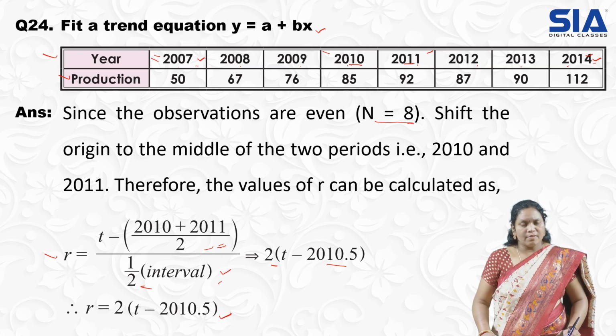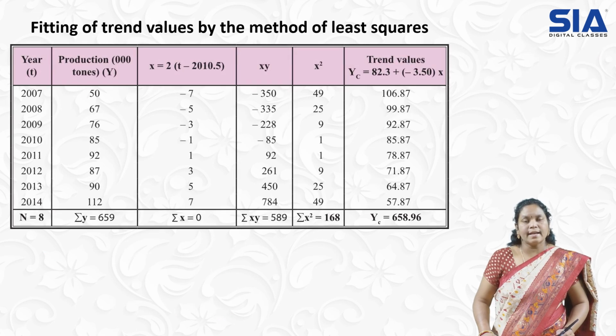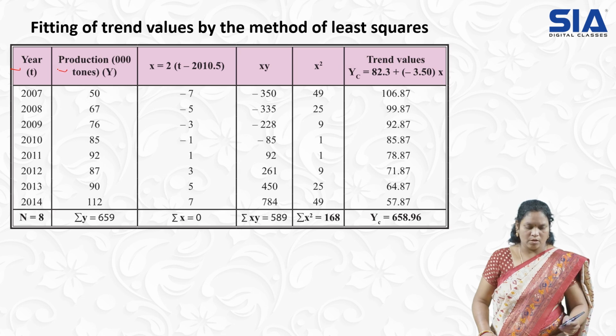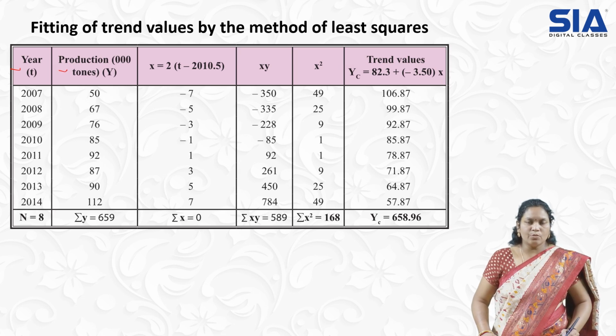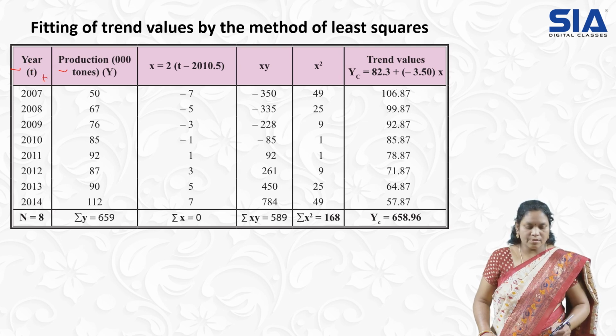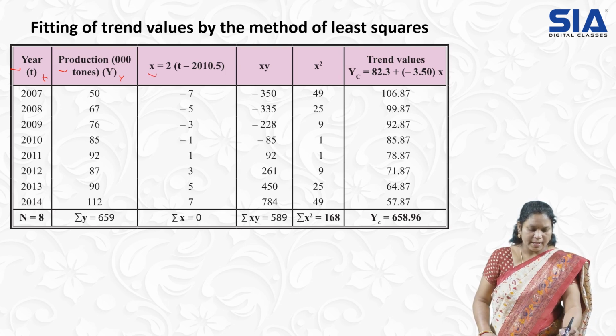Let us use this further. Here I am taking the given data, years in the first column and production in the second column. Years become the T value, small t, and production values I consider as Y. Now I need x, and we just discussed the formula: x is 2 into T minus 2010.5.